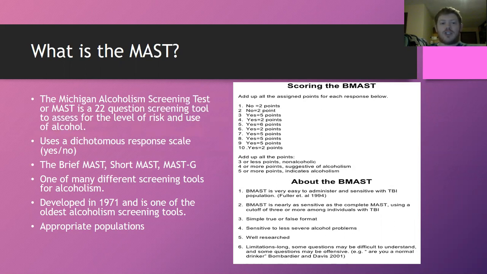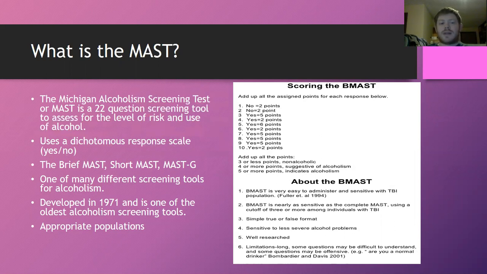There's the MAST G, which is specifically for geriatric clients or patients. And I'll get into more on why that's necessary later in the presentation. But there's a variety of permutations of this test that have developed over time as the need arose.